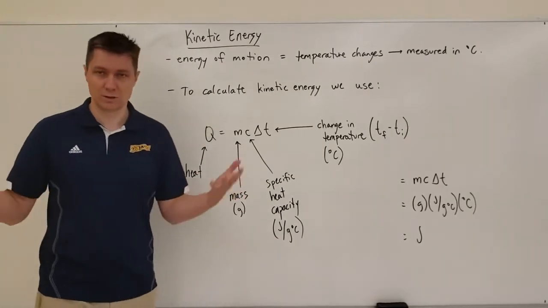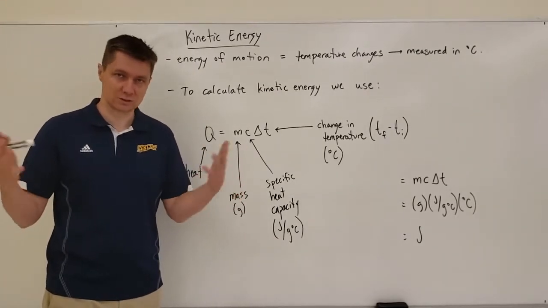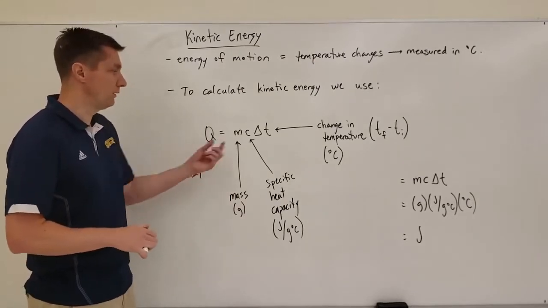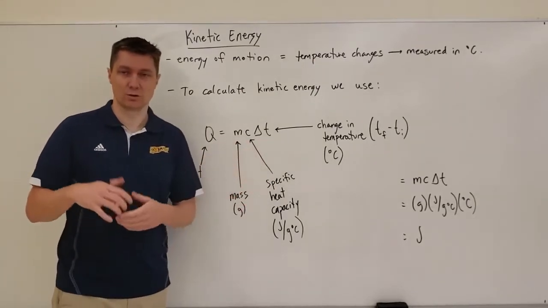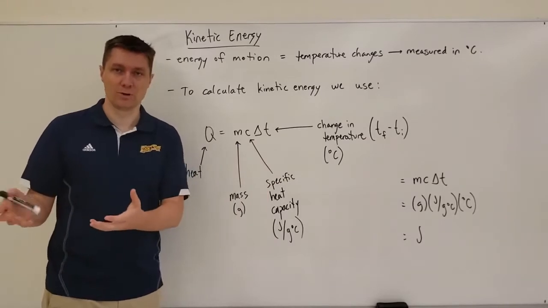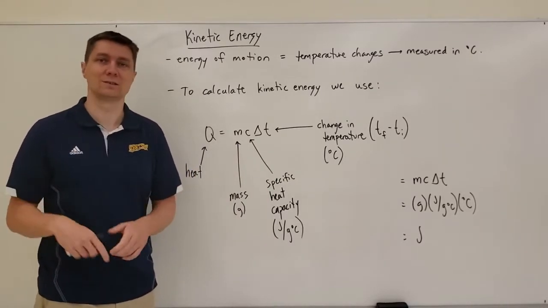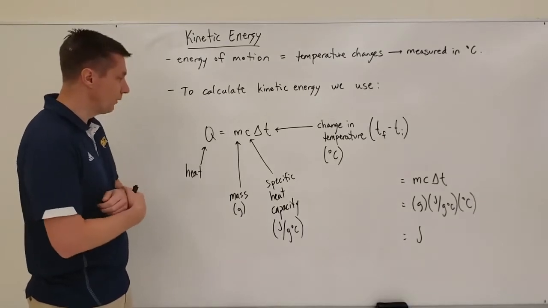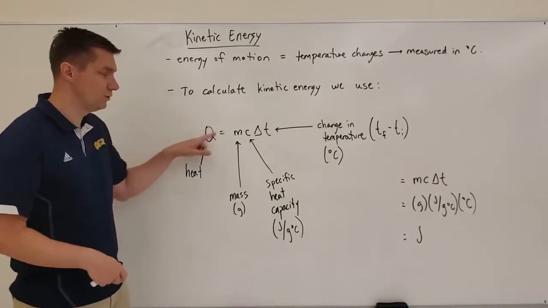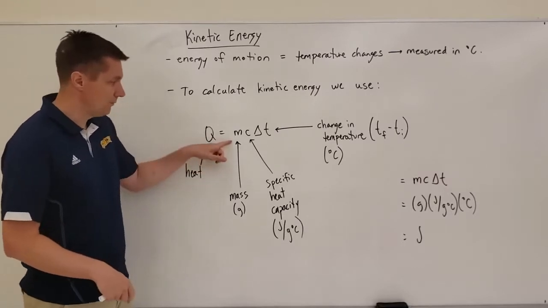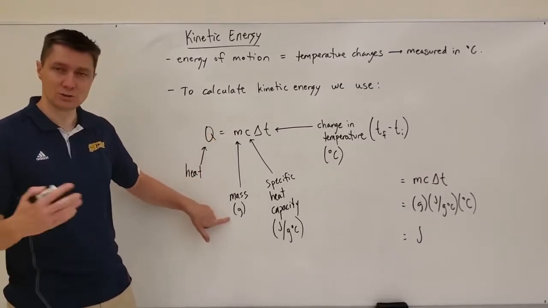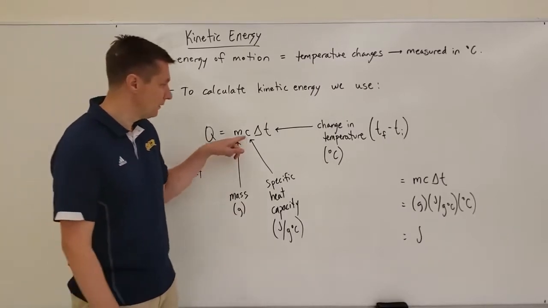Now energy always is measured in units of joules because that's the units of heat or energy, but we have to use this temperature number here in order to indicate, hey, this is a kinetic energy change. So the way that this formula is broken down here is Q just represents heat, mass or M represents mass, and this is usually measured in grams.